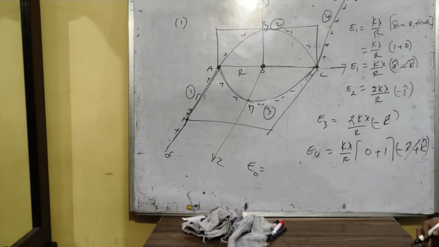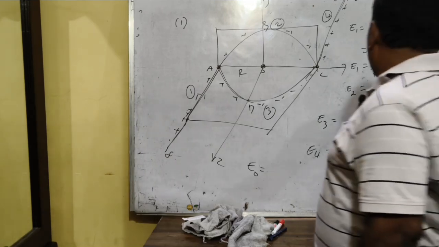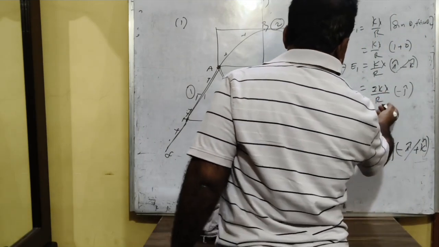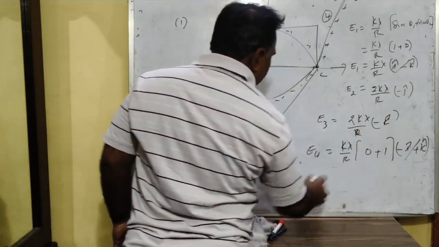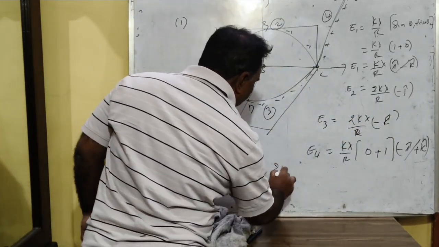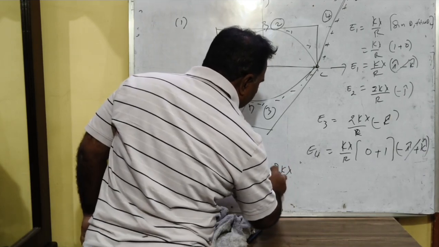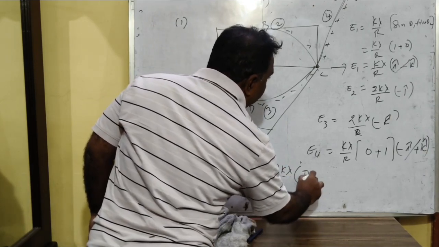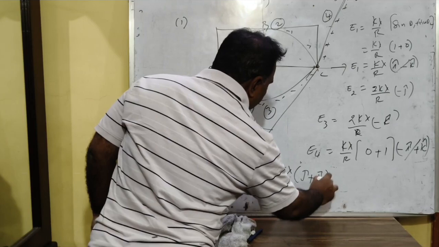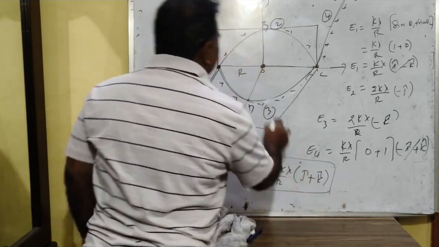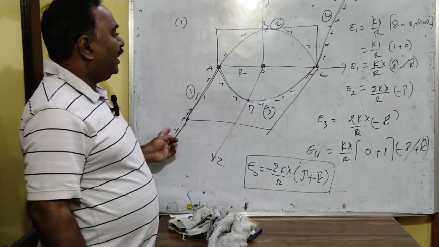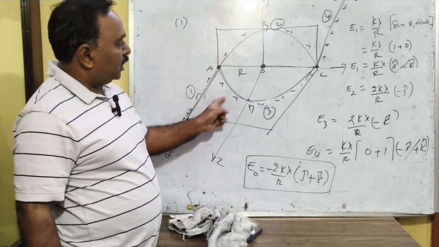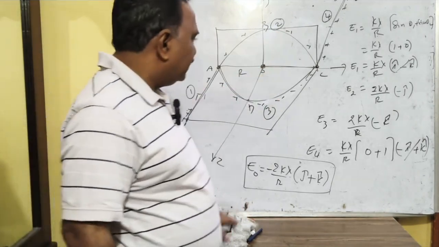That's why these both will cancel. But what is E2? 2k lambda by r minus j, 2k lambda by r minus k. Those two are only adding. Therefore 2k lambda by r, taking minus common, j cap plus k cap. This is the total electrical field at point O due to the semicircular wire and the two straight wires.